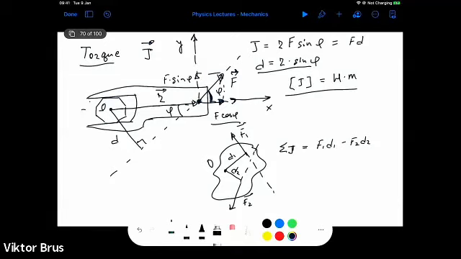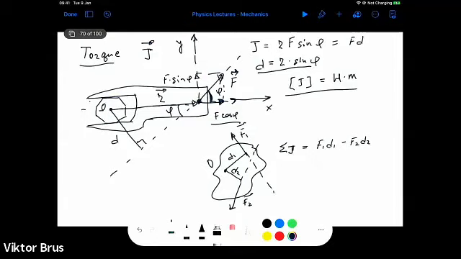If they would tend to rotate in the same direction, we would just sum up torques originated from each force exerted on a rigid body. With respect to a given axis of rotation, that is very important. You always need to specify and keep this in mind.